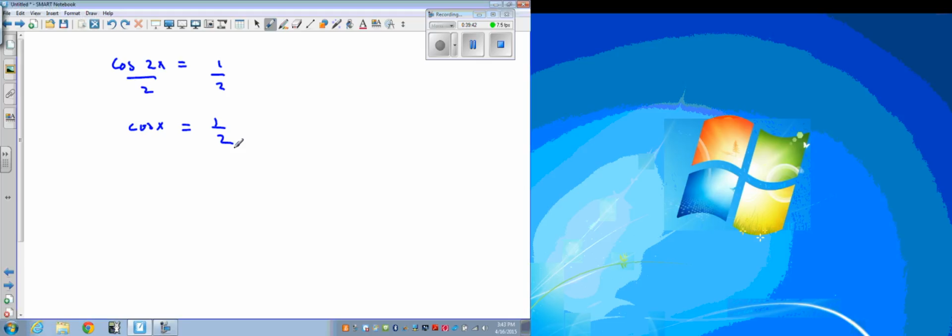What's wrong with that? You can't divide inside there. If that 2 were on the outside, if this were 2 cosine x equals 1, then you could go cosine x equals 1/2.